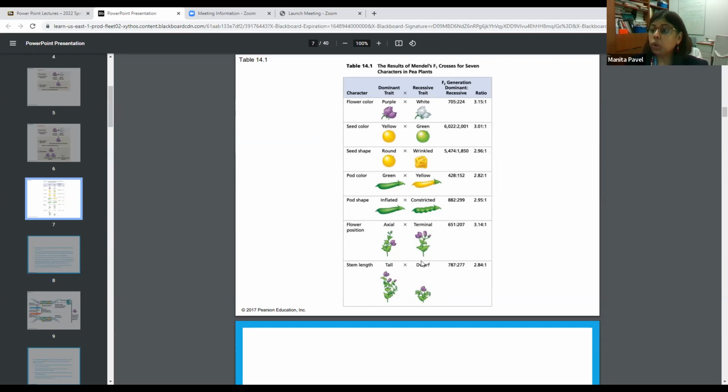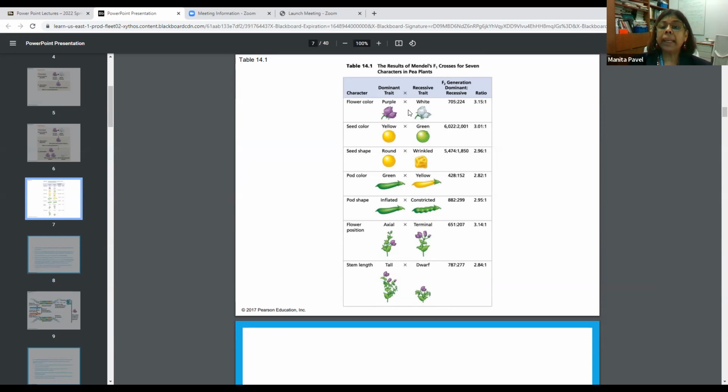Now, what I want you to write next to each of these dominant traits and recessive traits are the letters. Dominant trait, as I explained, is a trait that is expressed in a generation. I give you a clue sentence. It is always indicated in capital letters. So you are looking at the first letter of the spelling of the word, which is purple.